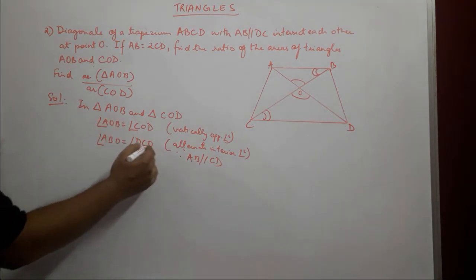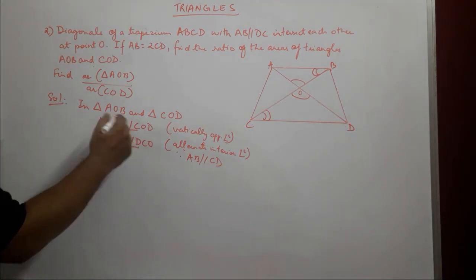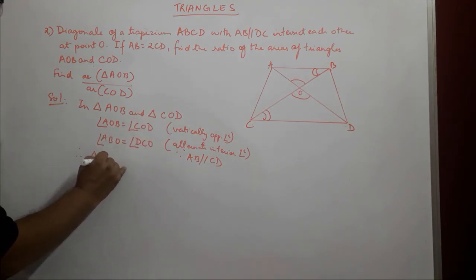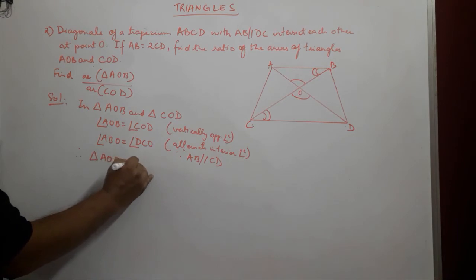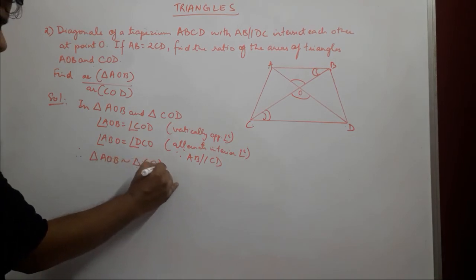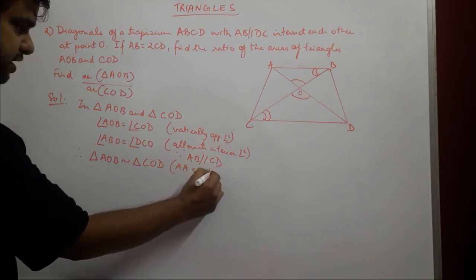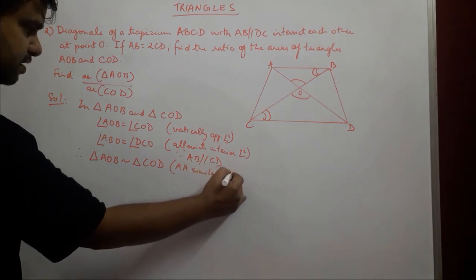So they form alternate interior angles. Now we've got two angles which are equal to each other in these two triangles. So therefore we can say triangle AOB is similar to triangle COD, and this would be by AA similarity criteria.